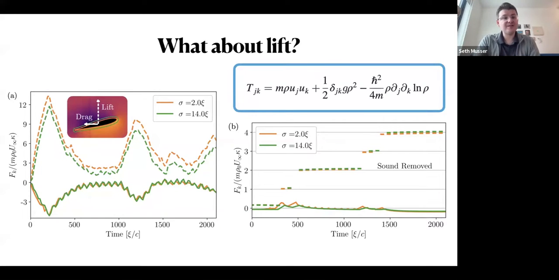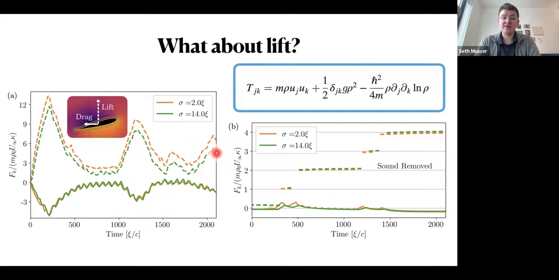So this provides a bit of a challenge, but we developed a way to identify the sound waves in the fluid and remove those. Once we removed the sound waves, we got back the quantized lift we expected. So if an experimentalist were to perform this experiment, it would be a good idea to do it in a large tank, large enough that this transient sound wave doesn't reflect and interfere with the appropriate value of lift.